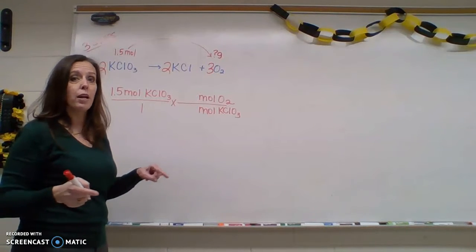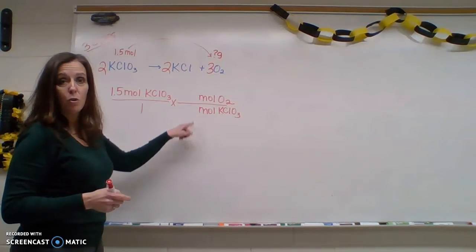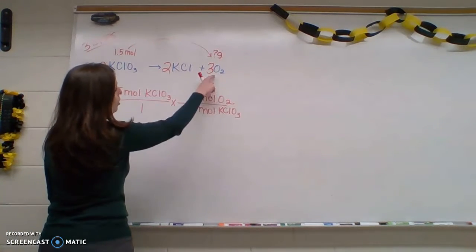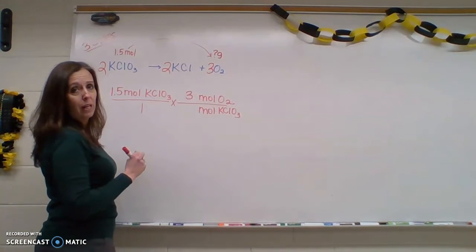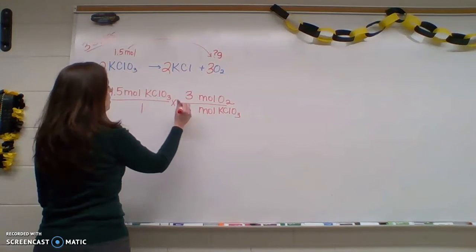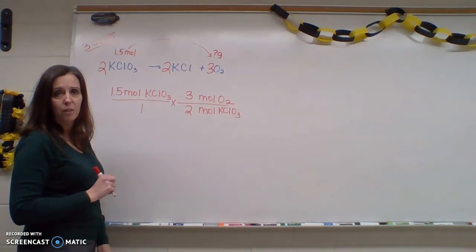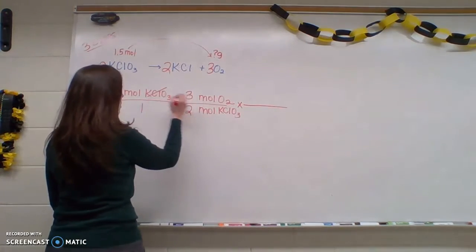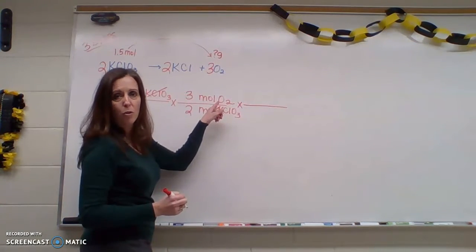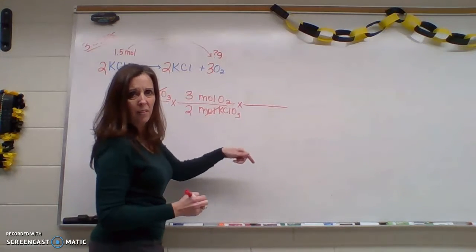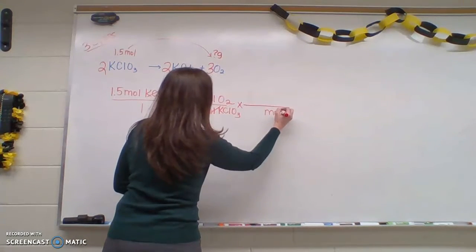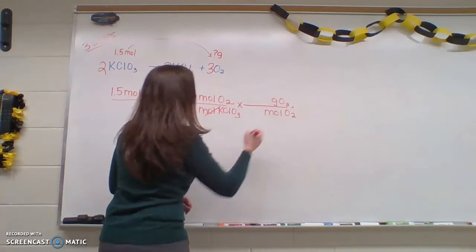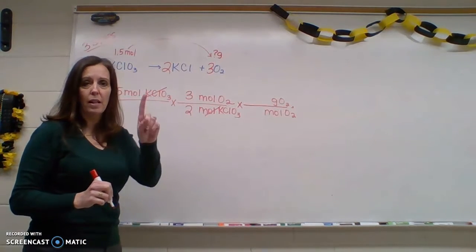Now, just like yesterday, we have moles over moles. So these numbers are going to come from the balanced equation. So when I look up here at O2, I have a 3. And when I look at this, I have a 2. Okay? Now, we can cross those out. I don't want to be in moles of oxygen, so I put it in the bottom of the next step. I want grams of oxygen. Moles to grams. Moles is going to get 1.